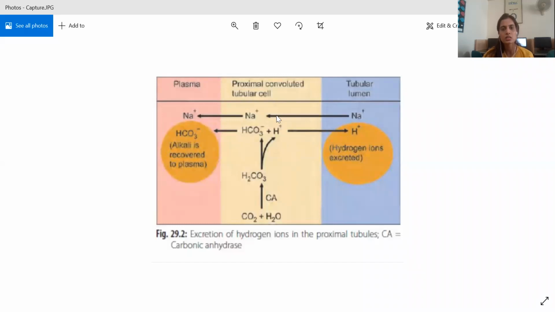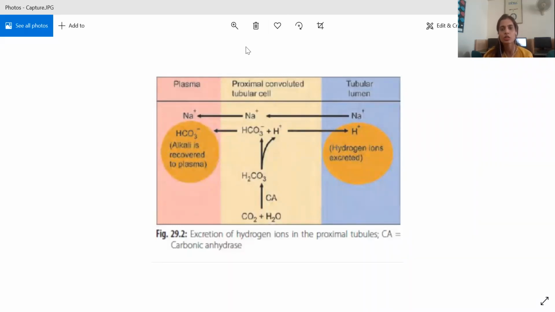I have told you about this. Further, I'll share the diagram with you. If you can see the diagram on my screen, it shows the PCT, the proximal convoluted tubule, in the center.